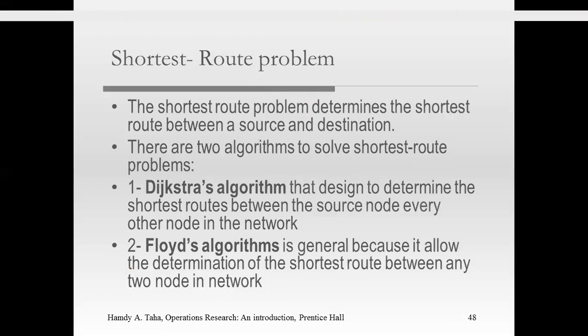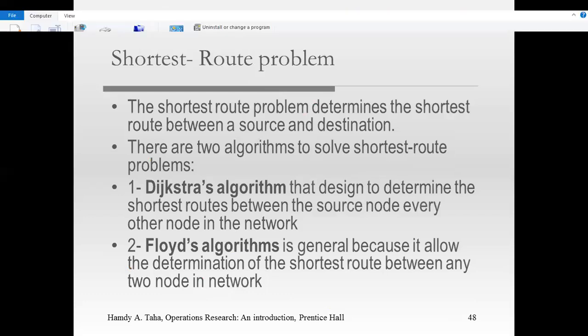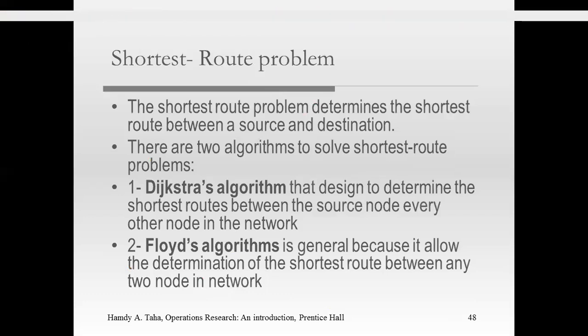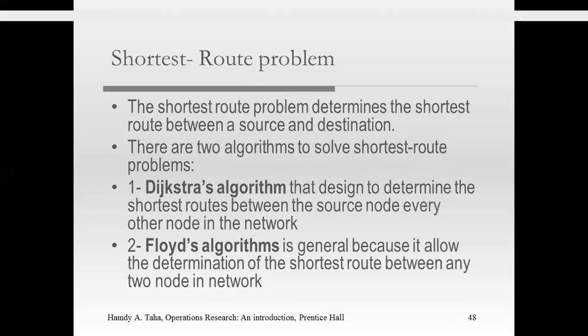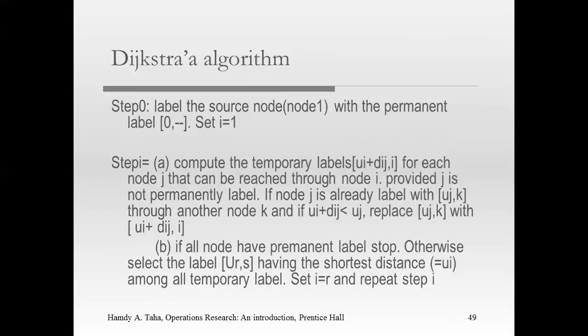Yeah, from the source to every other node in the network. While Floyd's algorithm is general because it allows determination of the shortest route between any two nodes in the network. Yeah, so we have two algorithms.